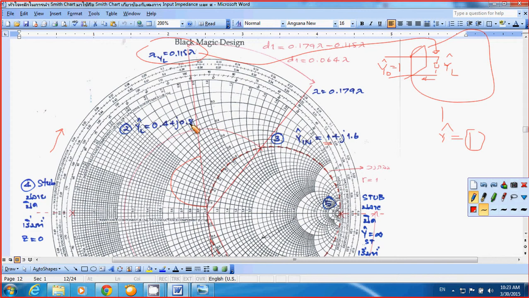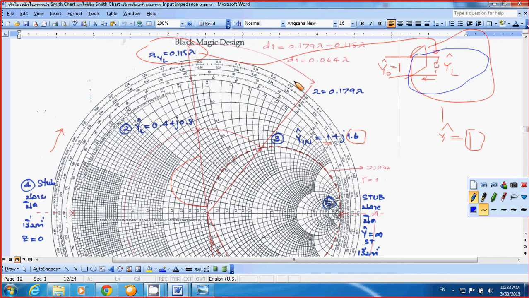Now it changes from 0.8 to 1.6, and you find the reference point of your Y in, or just the portion of this part with the load admittance connected to the original transmission line. Okay, it's not really dealing with the stub at this moment.